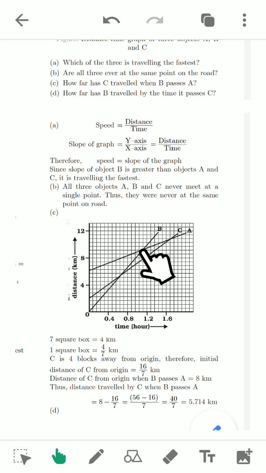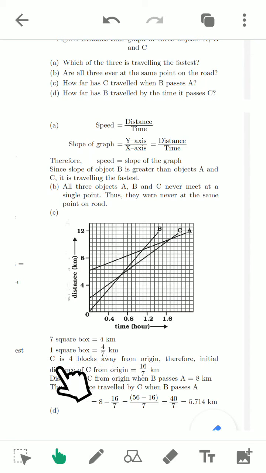We have to find out how far. For that, see here on the y-axis, 7 squares are equal to 4 kilometers. See, 7 square boxes equal 4 kilometers. Then 1 square box is equal to 4 by 7 kilometer.